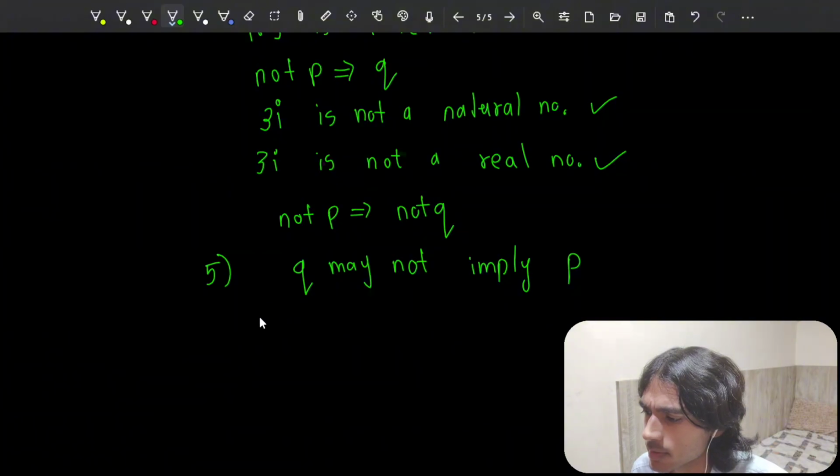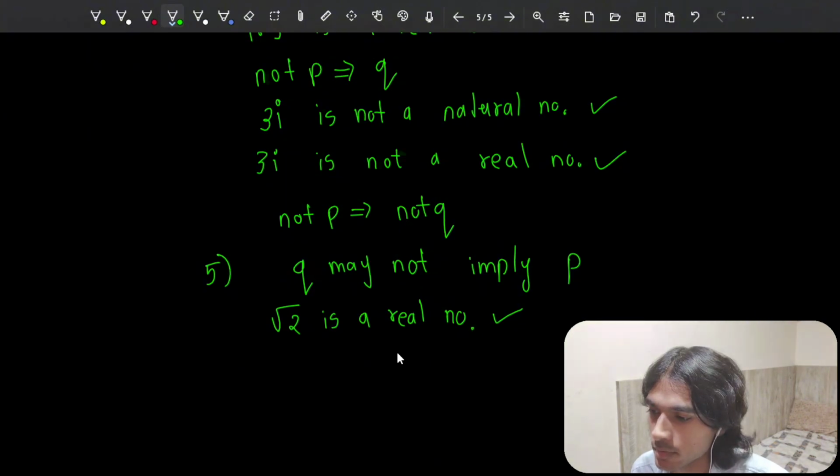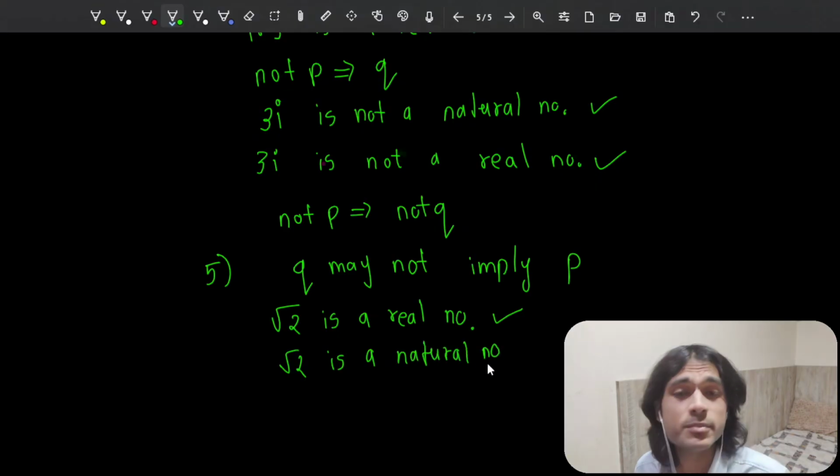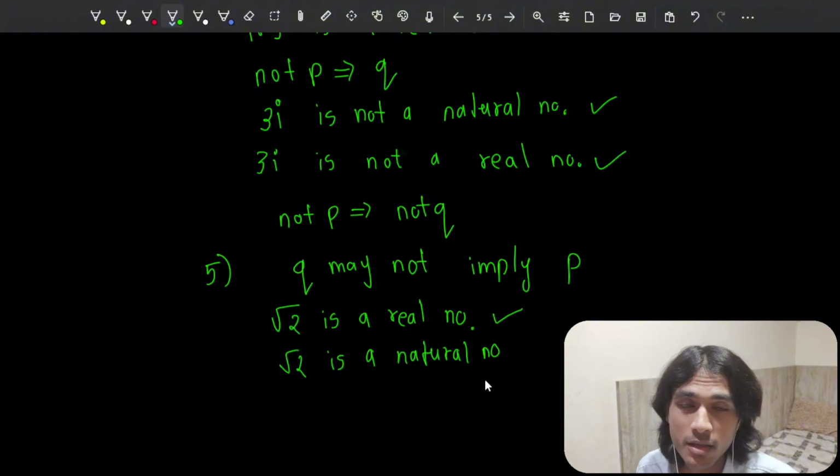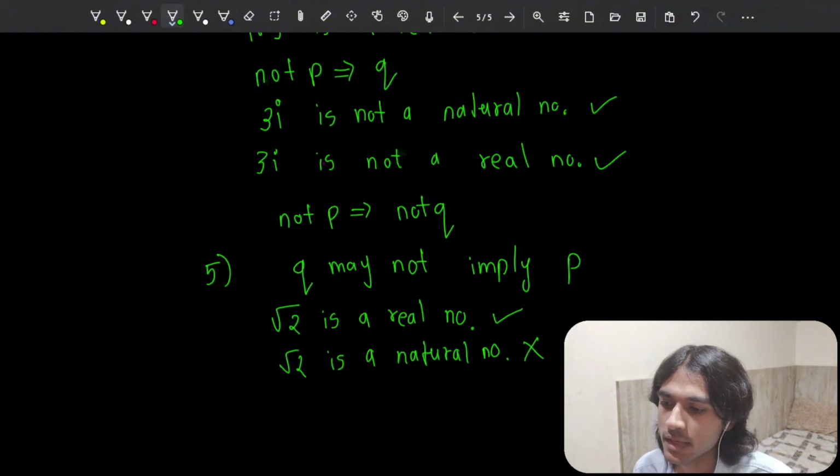What I mean by this, let's just see that root 2 is a real number, right? This is a correct statement, right? But root 2 is a natural number. Is this statement correct? No, right? Because root 2's value is going to be something like 1.4.